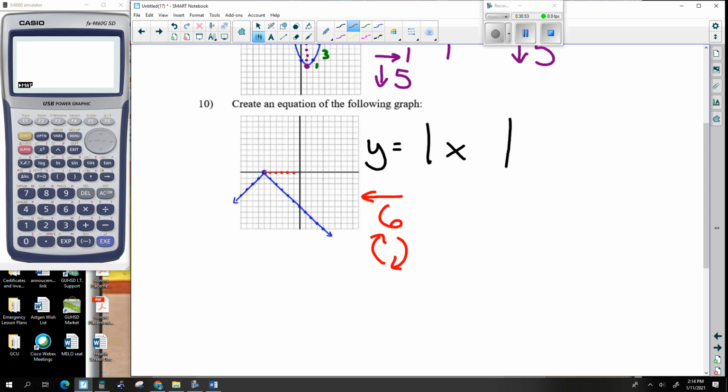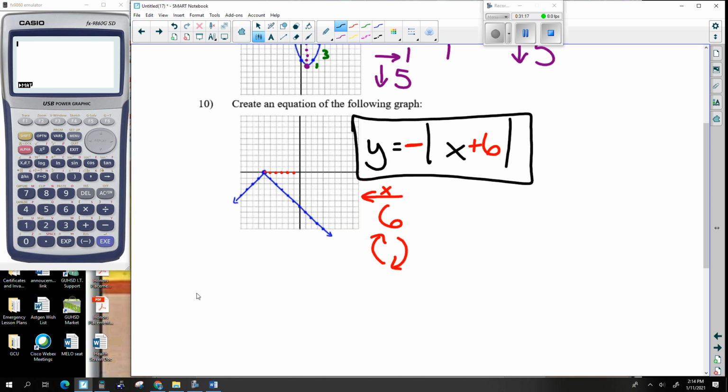All right, so left 6 is an x motion, so you do the opposite. So that would be a +6. And then I flip-flop it with an outside negative.